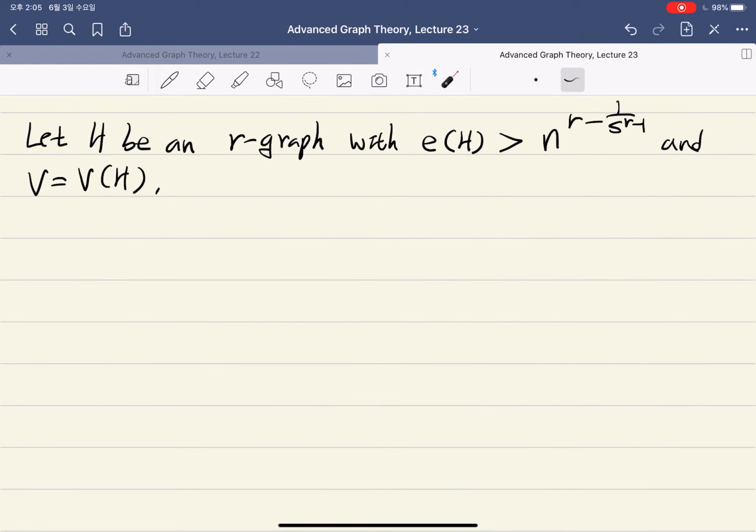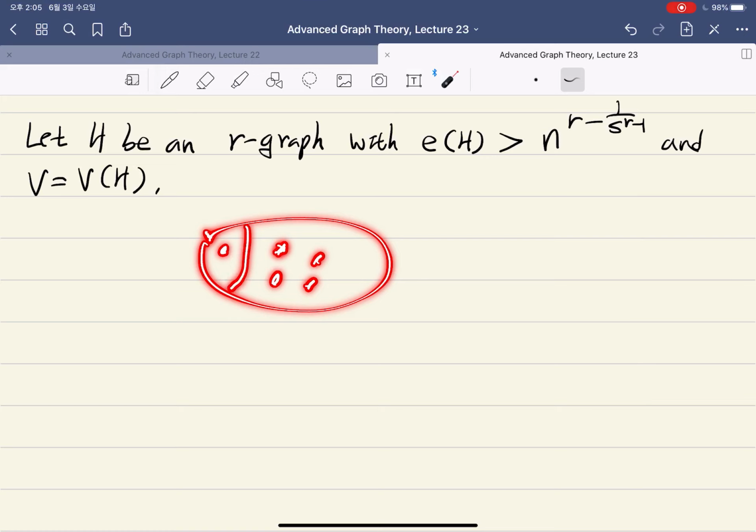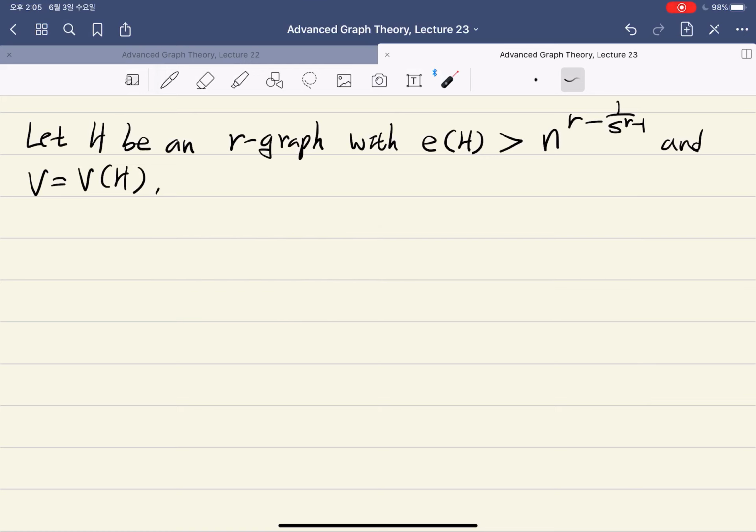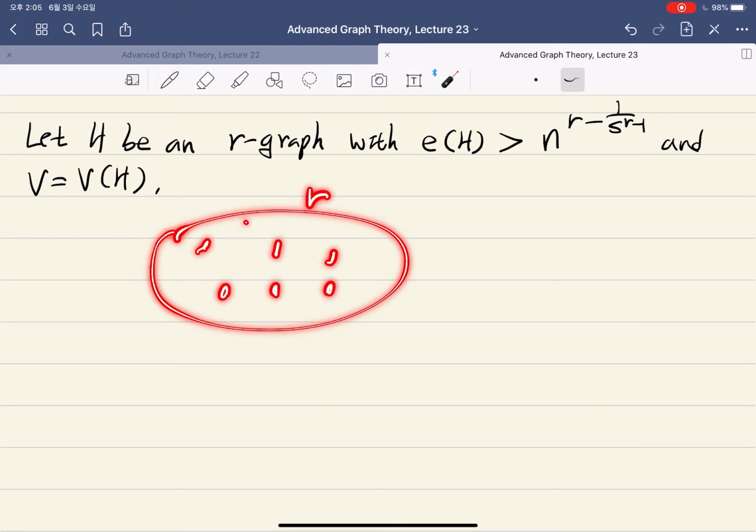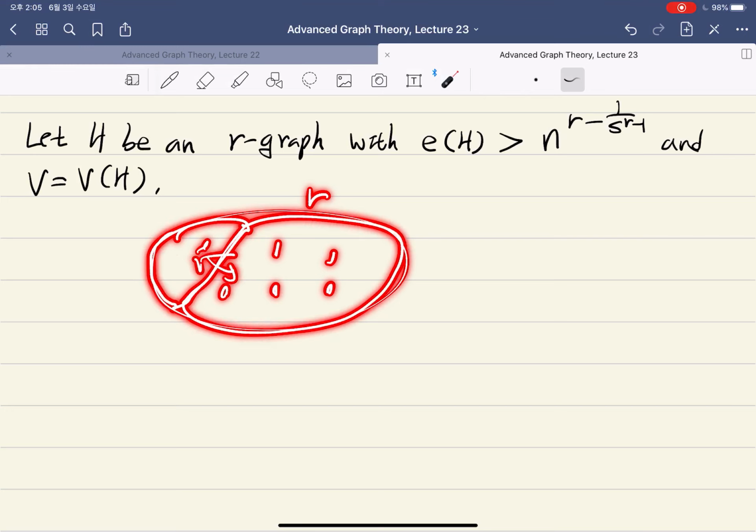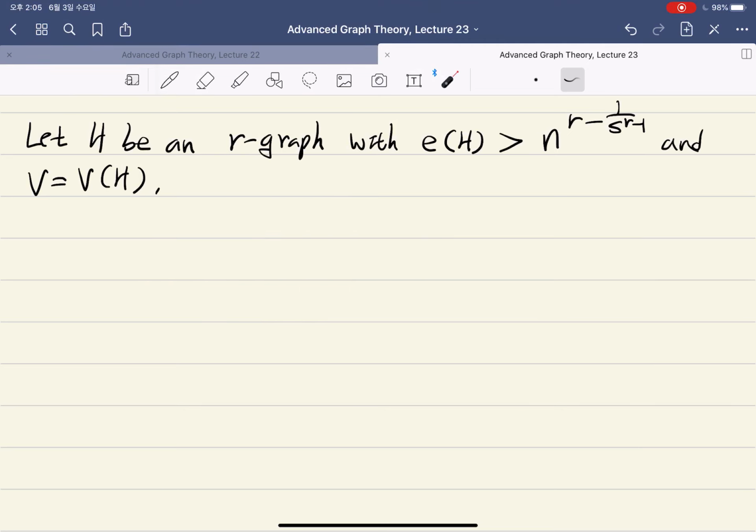For that, there are r vertices in each edge. We consider one vertex of it and the other r minus 1 vertices of it, and then we consider the relationship between these two.